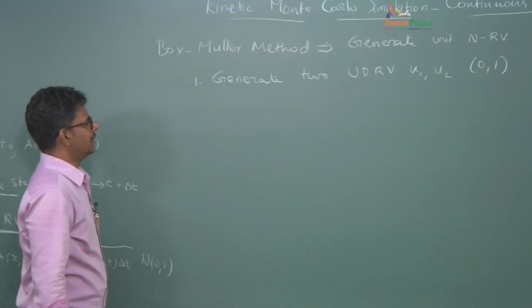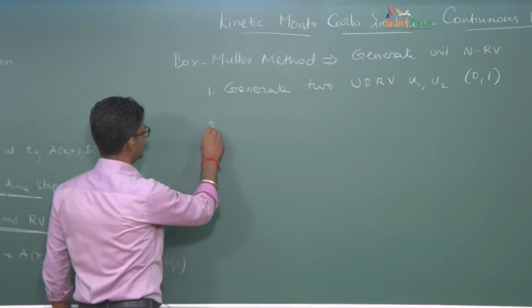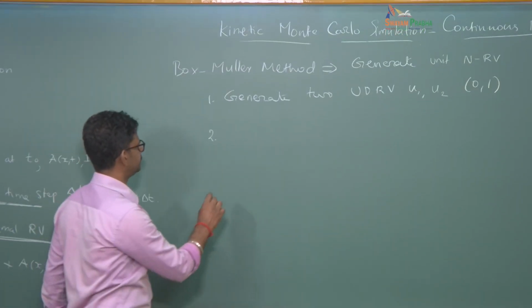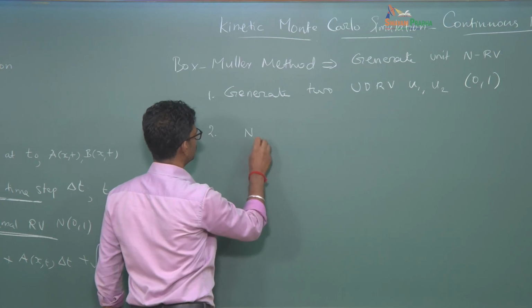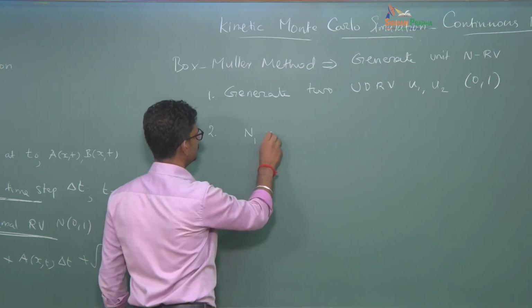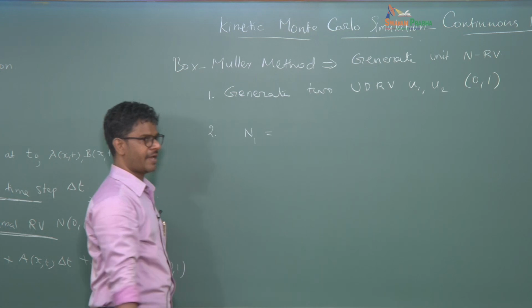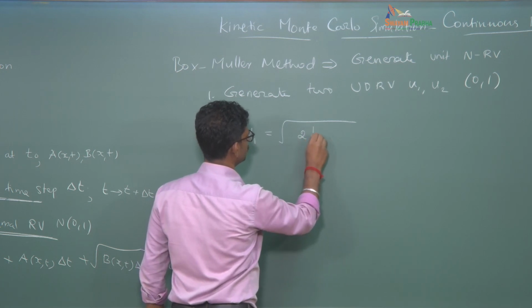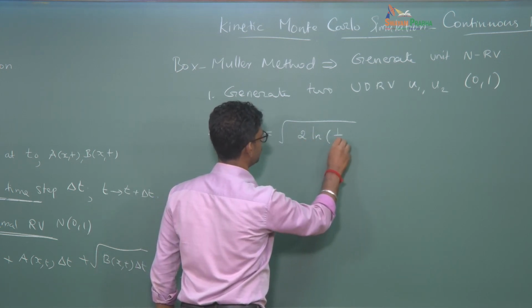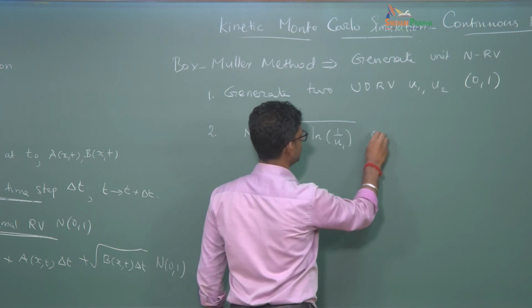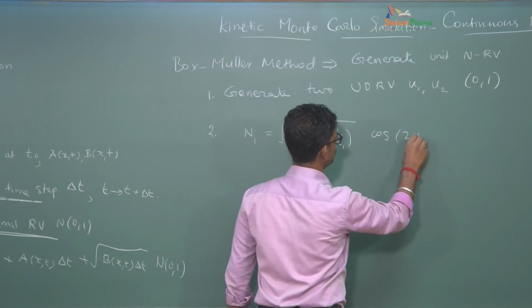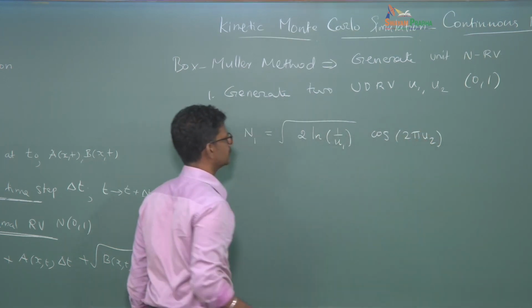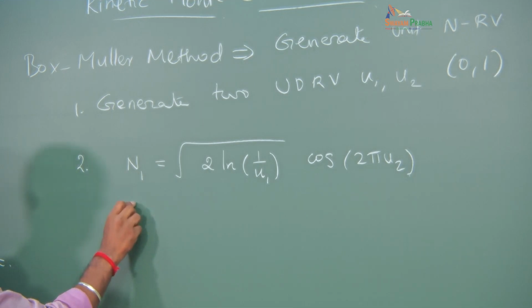And then what you do after this is, based on these two, we can actually generate a pair of normal random variates, n1 and n2. So this goes as something like square root of 2 ln 1 by u1 times cos 2 pi u2.